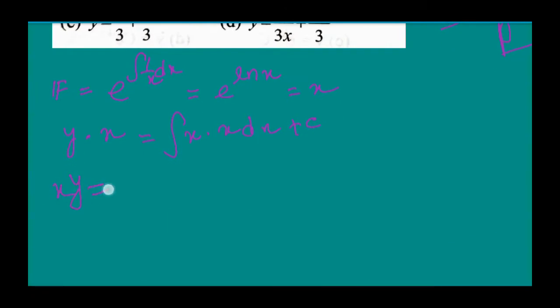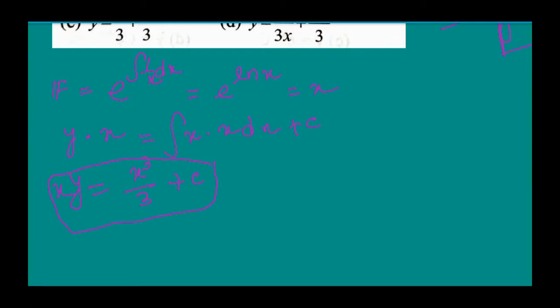And here xy is equal to integration of x square, which will be x cube by 3 plus c. This is the solution, and given that x is equal to 1 and y is equal to 1, we have to put these values.